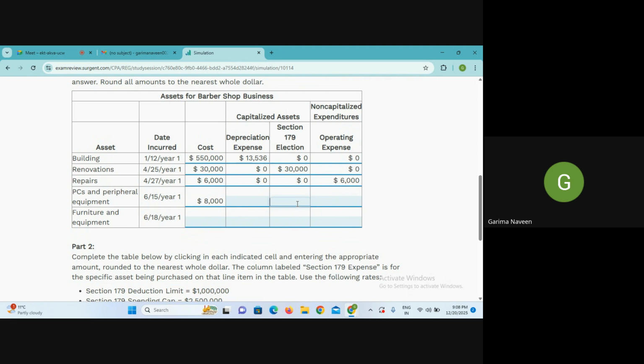Is it a personal property or real property? It's a personal property. So yes, you can claim 179 expenses here. So that means 8,000 you can claim in 179. So whole amount आप 179 में डाल दोगे तो depreciation के लिए कुछ भी नहीं बचेगा. Is it clear? Yes, ma'am.